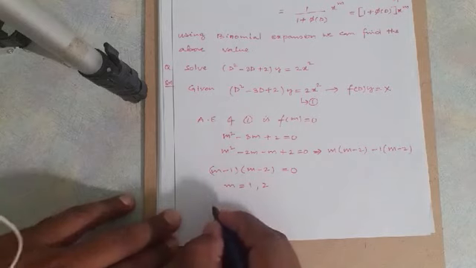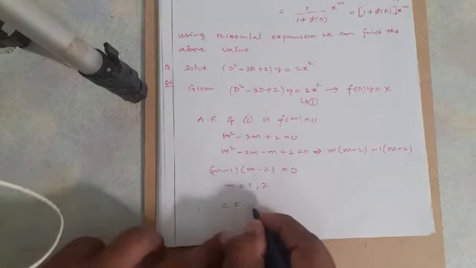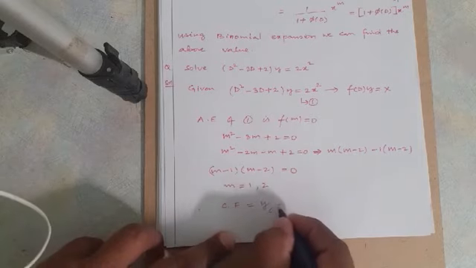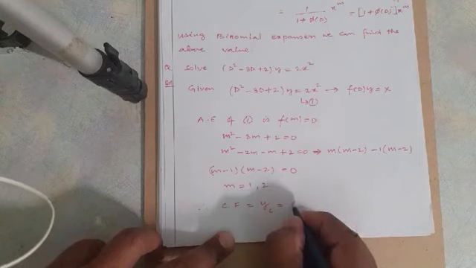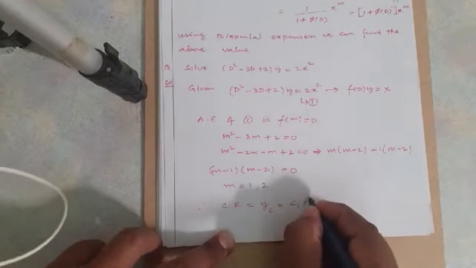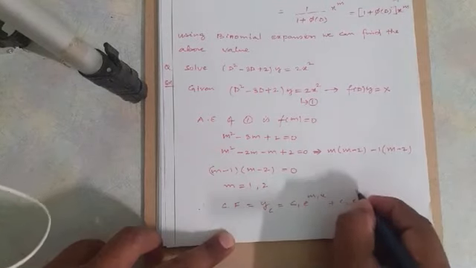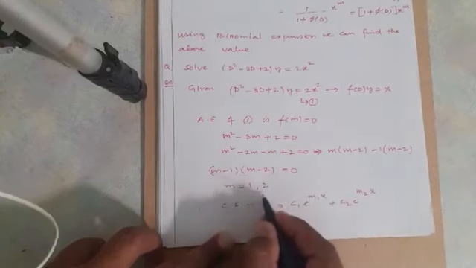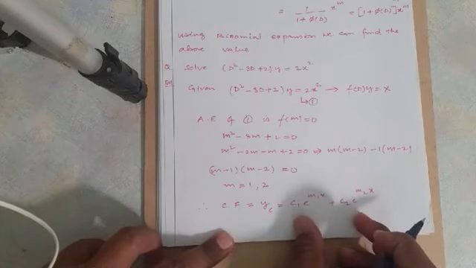After that we find the complementary function. Therefore complementary function, C.F. is equal to yc is equal to, as you know, the roots are real and distinct. If the roots are real and distinct, we can write c1 e power m1x plus c2 e power m2x. As we have two distinct roots, we limit up to 2 here, m1 and m2.